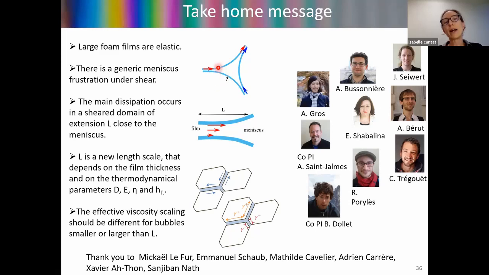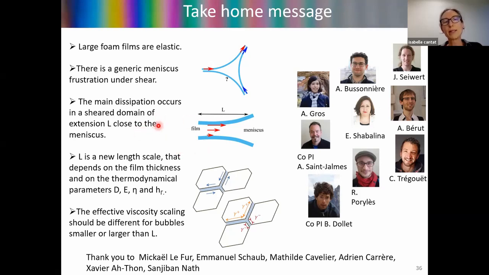It cannot satisfy both arrows, red and blue. The story would have been entirely different if the meniscus had four neighbors, but a meniscus connects three films, which is an odd number, so it generates a frustration.